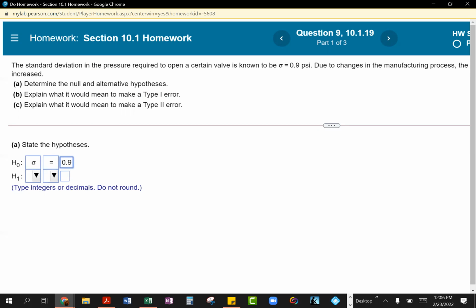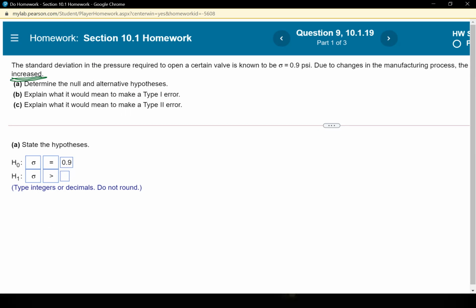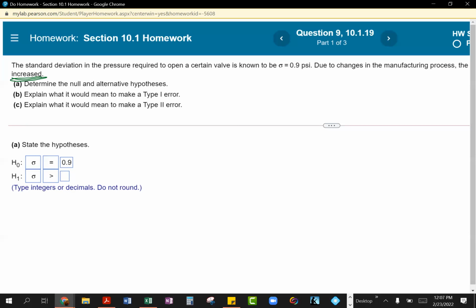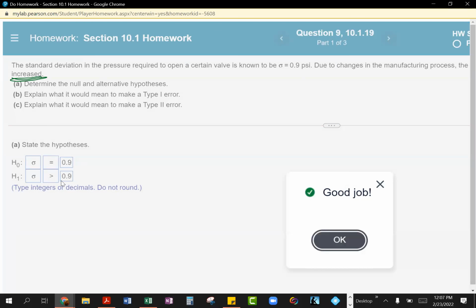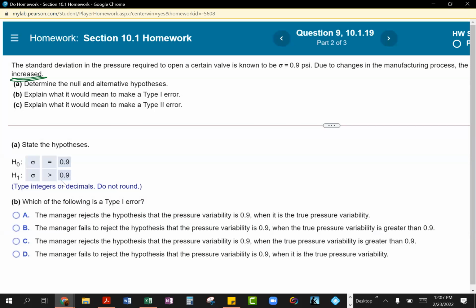The quality control manager is saying that he thinks that the pressure variability has increased, right? So again, we are going with sigma, but he is saying it has increased. So greater than, and we will say 0.9.